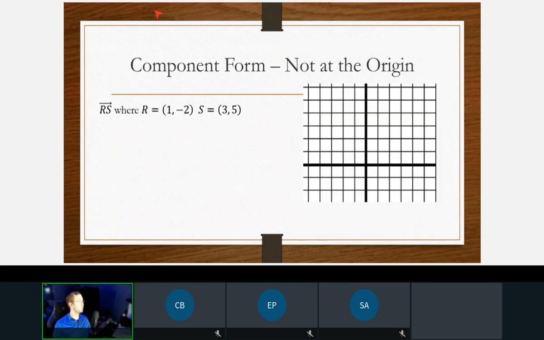All right, so I'm going to redraw this. Let's see. So over 1, down 2. And then I'm going to 3, 1, 2, 2, 3, 4, 5. Okay.